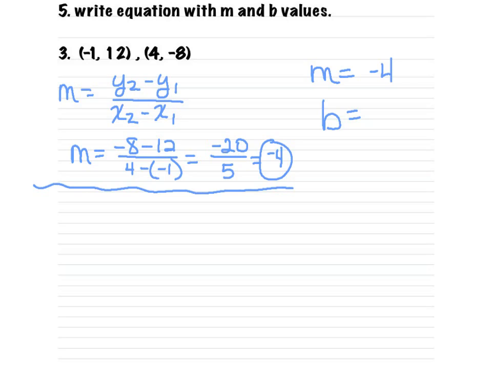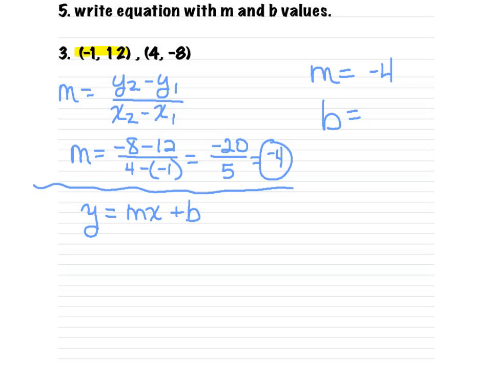So let me write the slope-intercept form. y equals mx plus b. Okay? And let's see. I get to choose which point I want to use. I can choose either one of the ordered pairs that are given to me in this equation. It really doesn't matter. You can choose whichever one you want.